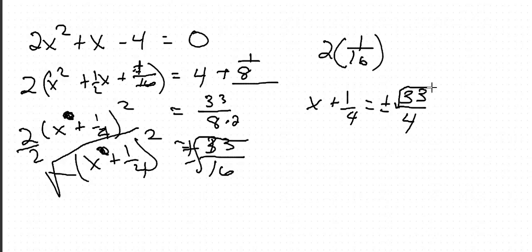Oh yeah, never mind. Right? Over 4. And then minus 1/4. That's 1 over 4 plus or minus square root of 33. See how I only write it once because they both have the same denominator? Mm-hmm. So that's the way the answer is going to be written. Okay.